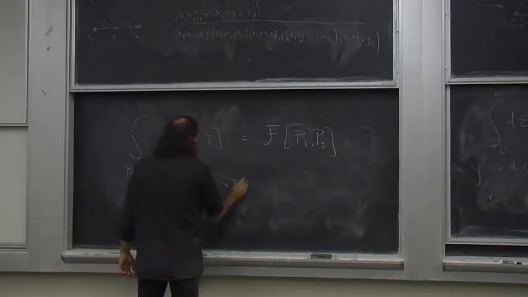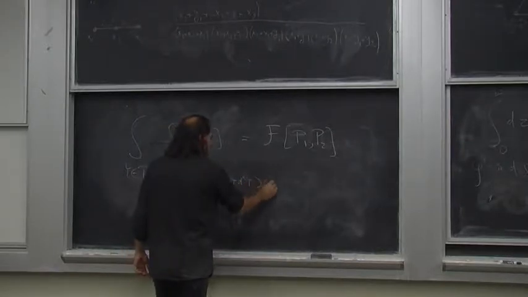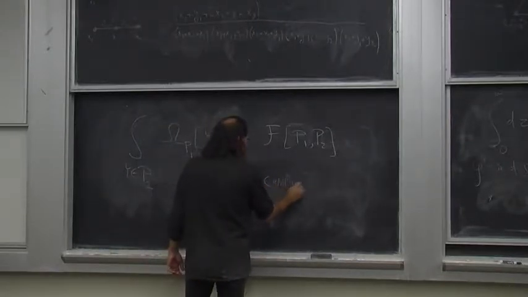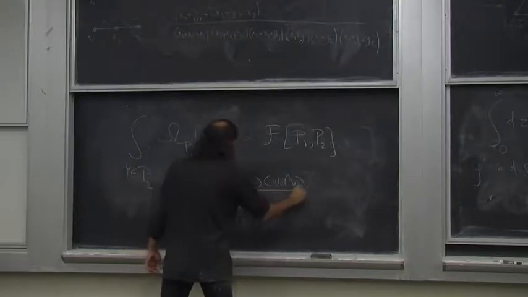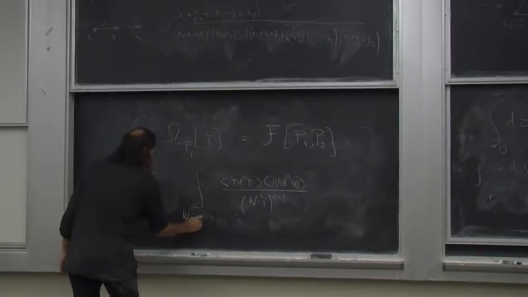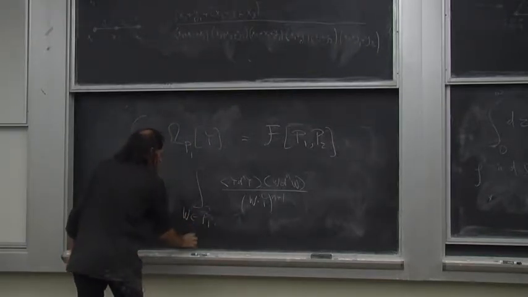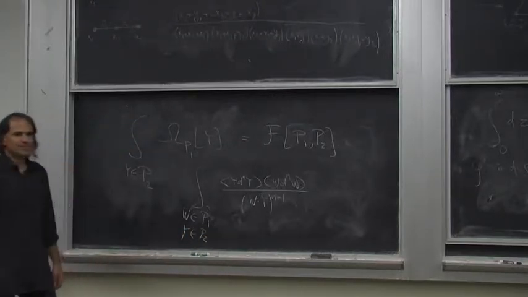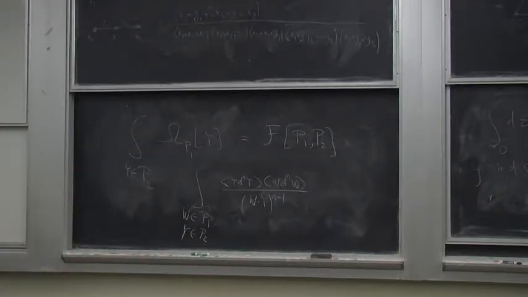So really we have y dn y, w dn w over y dot w to the n plus 1, where w is inside the dual of polytope 1 and y is inside polytope 2. That's a very, very beautiful symmetrical formula.